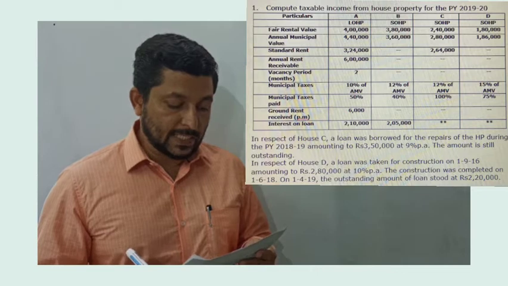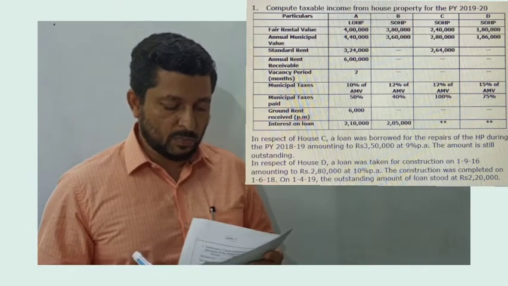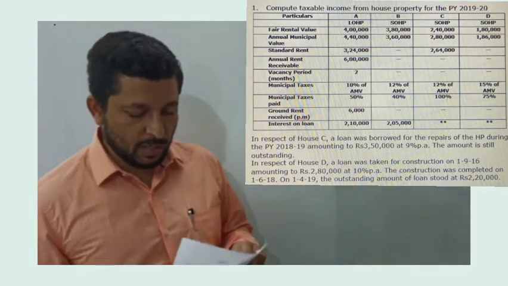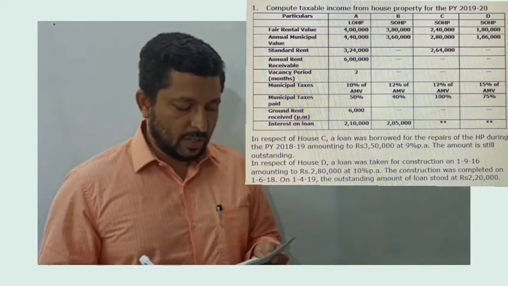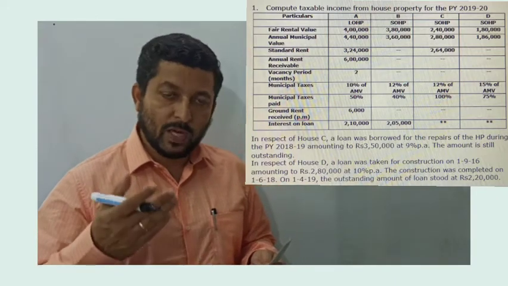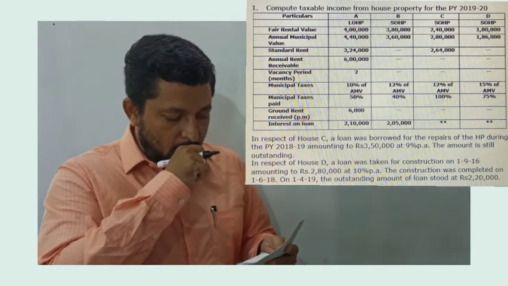Now, municipal taxes paid for House A is 50%, for House B is 40%, House C is 100%, and House D is 75%. Then ground rent received is given per month for House A, 6,000, as we have been discussing that there is no relevance of this particular concept.